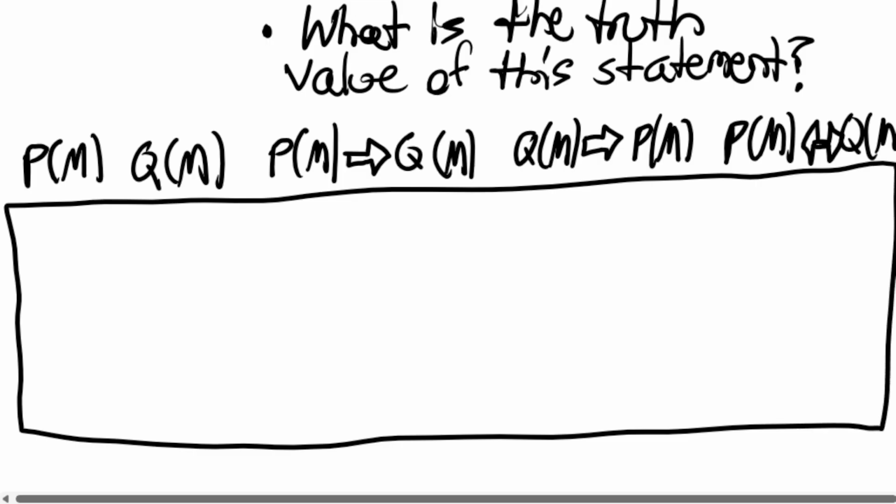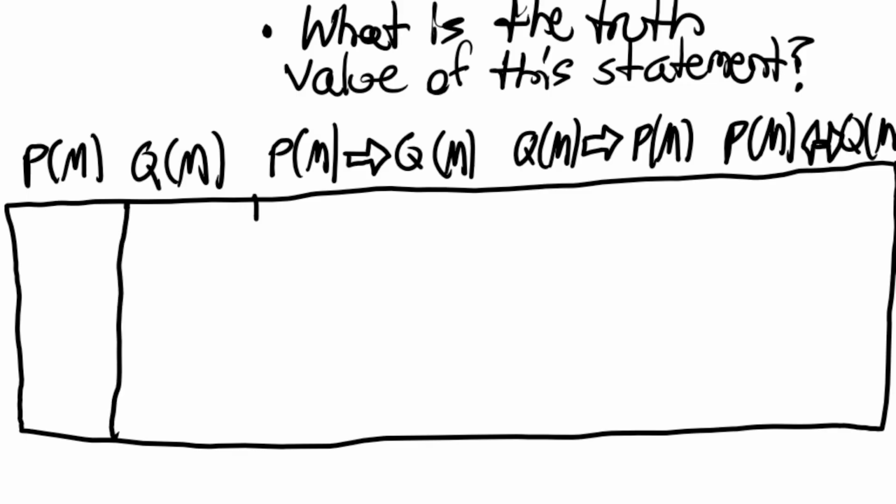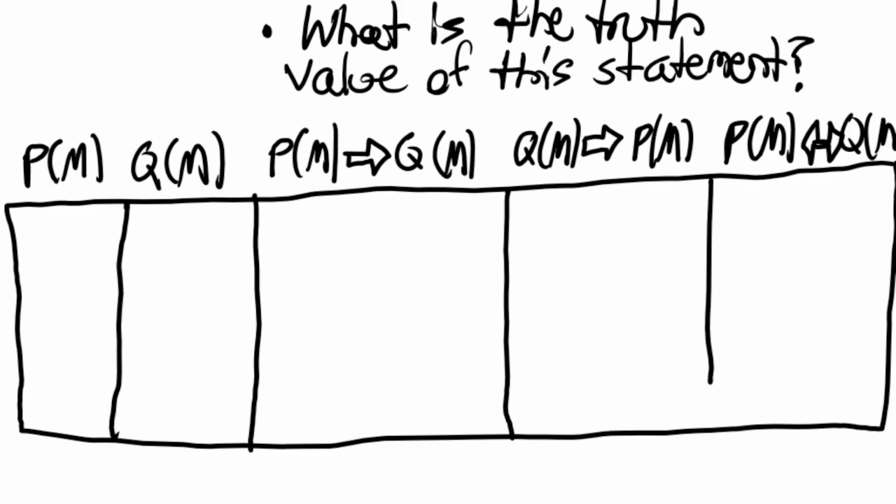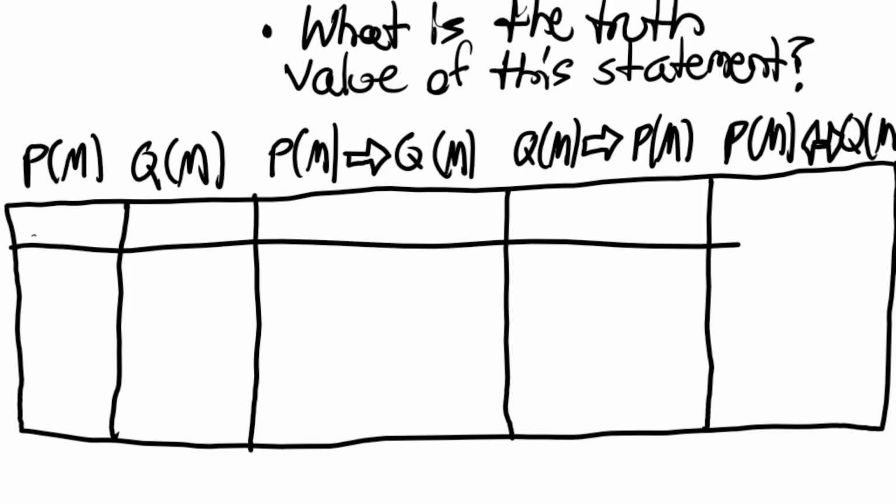So now this is kind of an example to give you an idea of constructing a truth table. When you're given statements like this, you often want to break down the biconditional into its components, the implication and its converse.